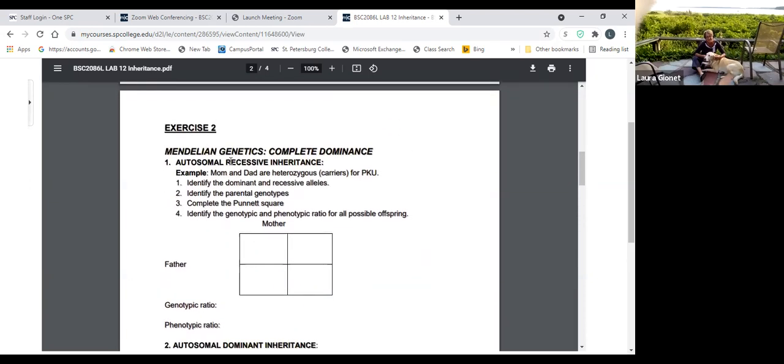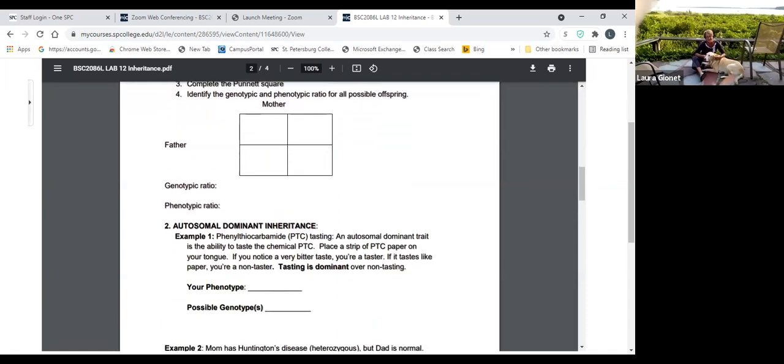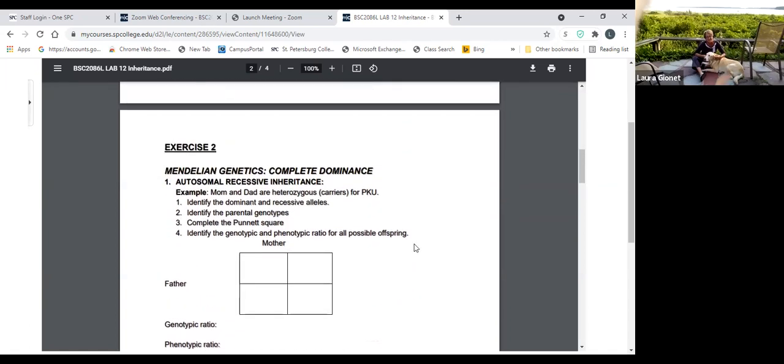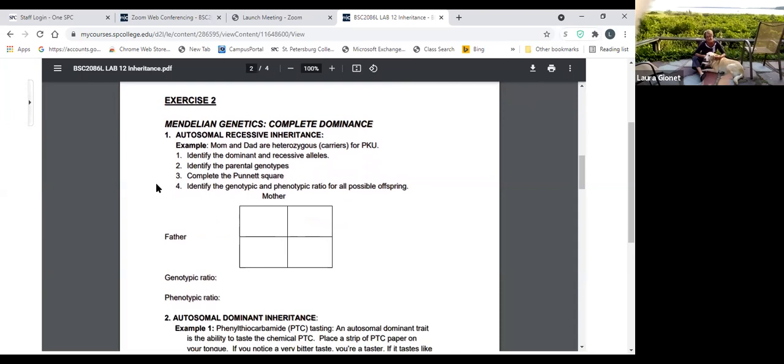We have the autosomal recessive inheritance pattern and the autosomal dominant inheritance pattern. So we said, number one, the autosomal recessive means normal dominates over the disorder. So you have to have that in mind. And you either are normal, or you have the disorder. All right, so it tells you mom and dad are heterozygous, or carriers, for PKU.